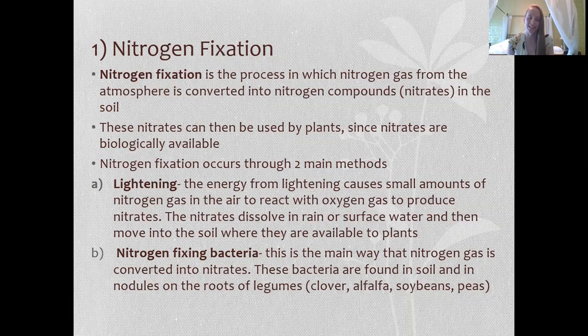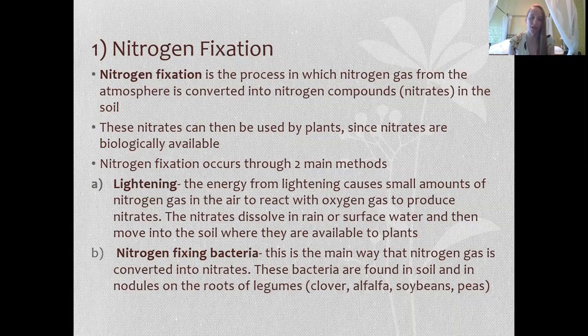One is by lightning. Essentially, the energy of the lightning causes the nitrogen gas in the surrounding air to react with oxygen gas to make nitrates. The nitrates then dissolve in rain or any water on the surface of the earth and then move into the soil from there. The second way that nitrogen is fixed is using nitrogen fixing bacteria.